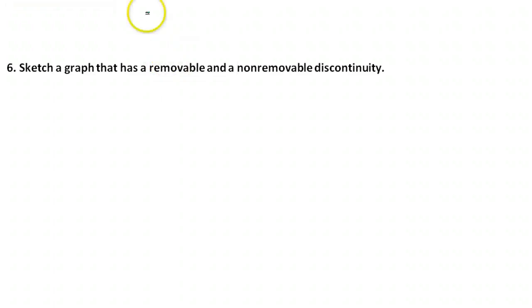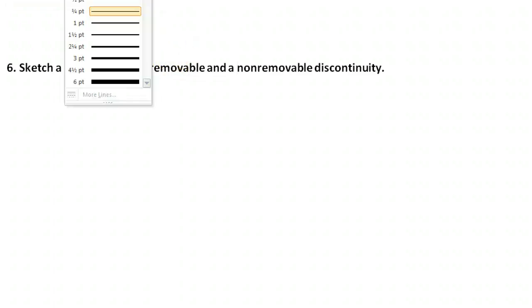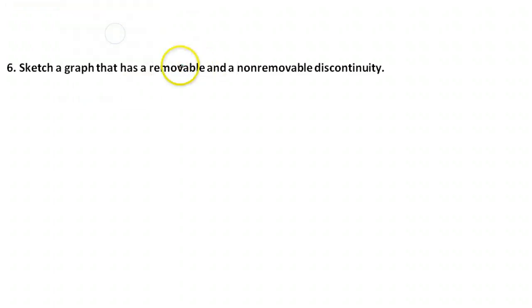Okay, so a removable discontinuity, remember, is a hole. And a non-removable discontinuity, we could make one that had a jump in it, but if we make it like we have been doing them, a non-removable would be like an asymptote. Okay, so I could easily sketch such a graph as that.